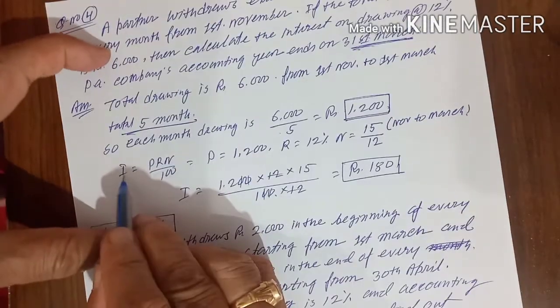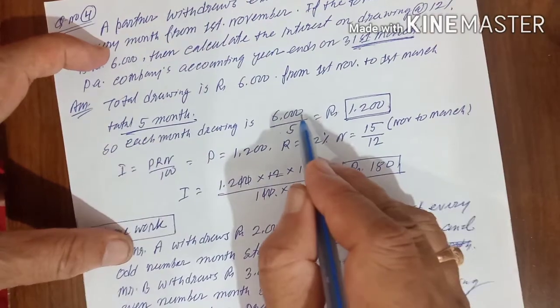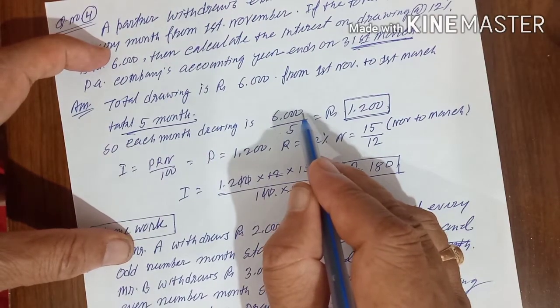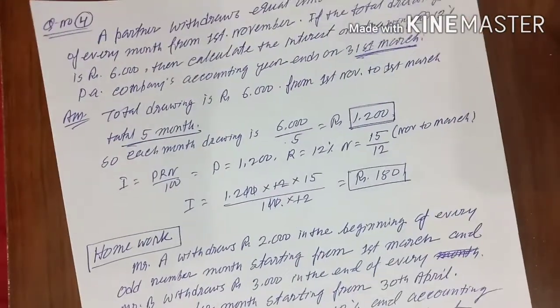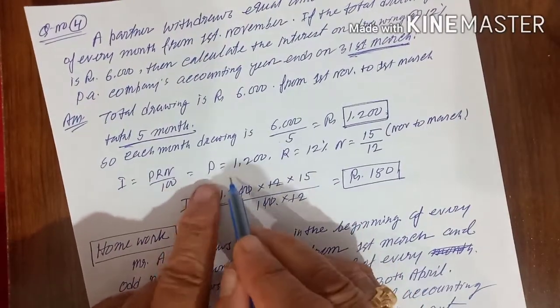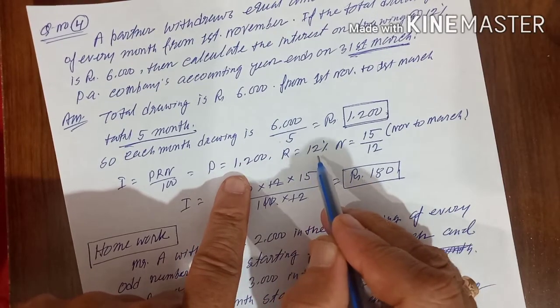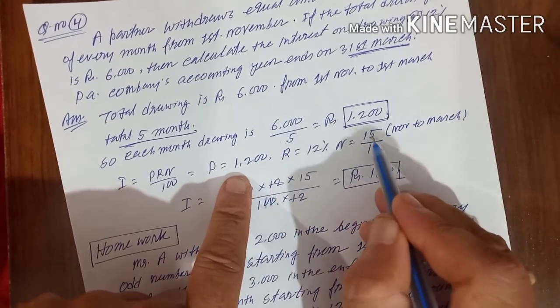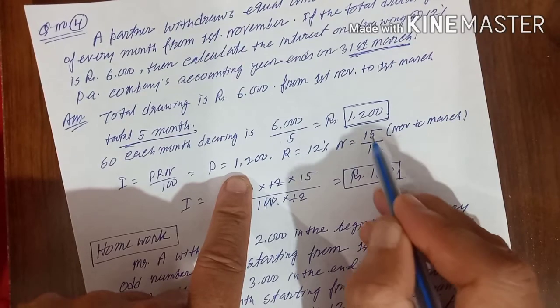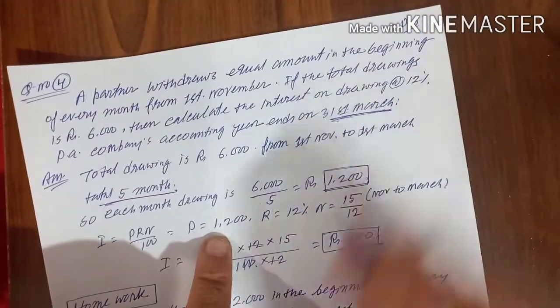When you calculate I is equal to PRN by 100, this P is not the total amount of drawing. When I taught this chapter, I told several times, this P is that 1 month drawing. So P is equal to 1,200. R is equal to 12%, it is given. And N is equal to 15 by 12. Most of the students will write 78/12 by seeing the word beginning.